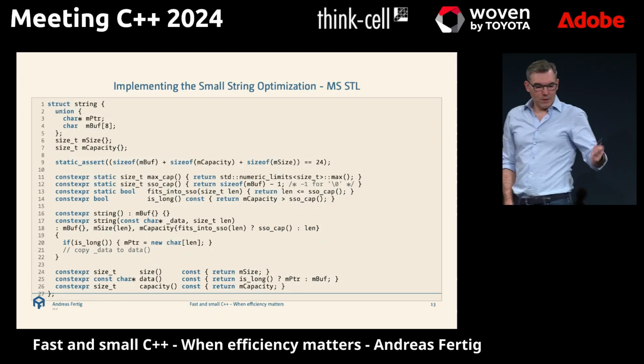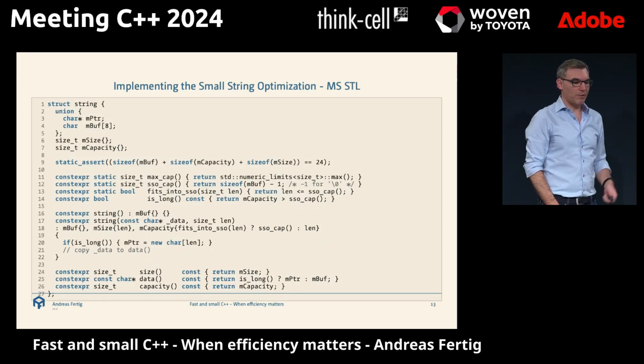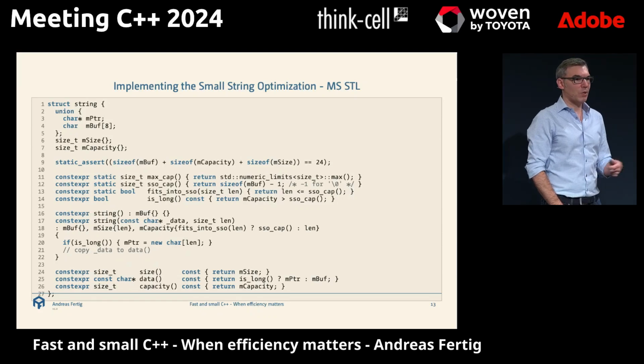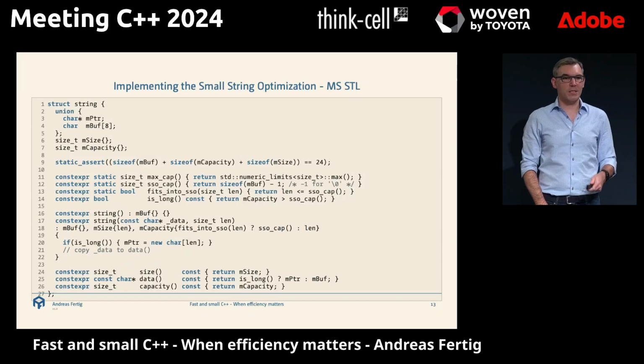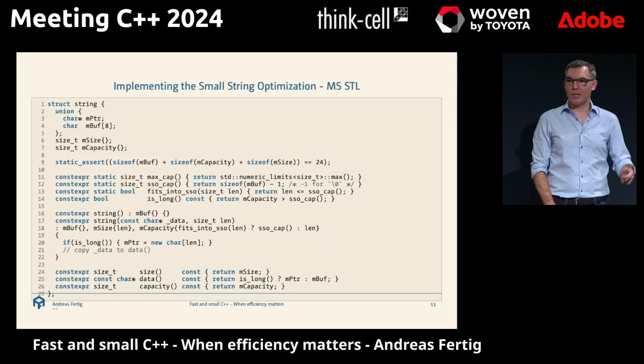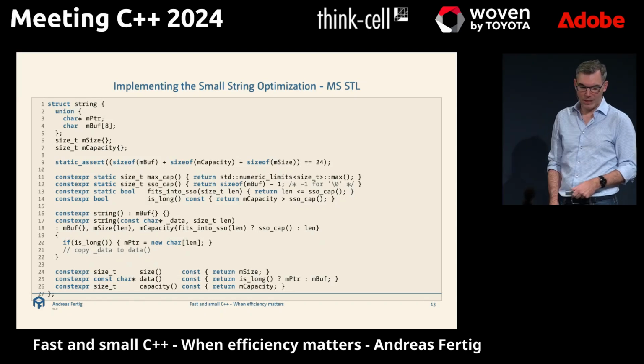Hence, the two-argument constructor looks slightly different. So we default initialize mBuff so that our union has a defined member. Size gets updated to the length of the string, and capacity now has to check whether it fits into SSO. Then we set it to the SSO capacity. Otherwise, we update that one to length.